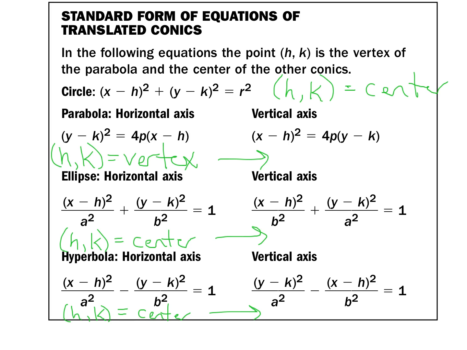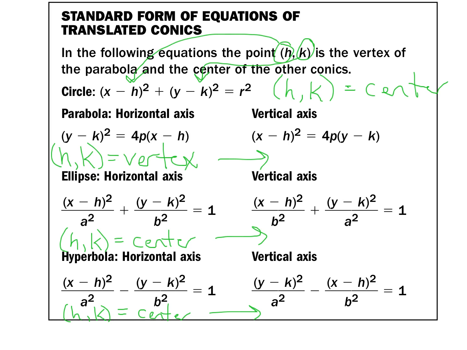The nice thing is that it's very intuitive. h goes with the x always, which means that we're going to have a horizontal translation. If there is an h value of something other than 0, it will be translated either to the left or to the right. Okay, and k always goes with the y term, which means that it will be translated either up or down if it's something other than 0.